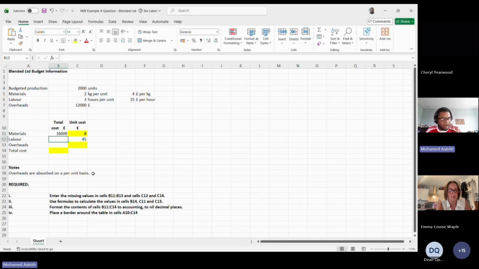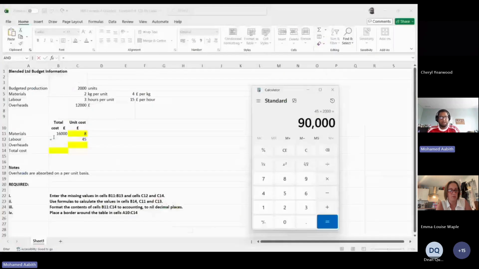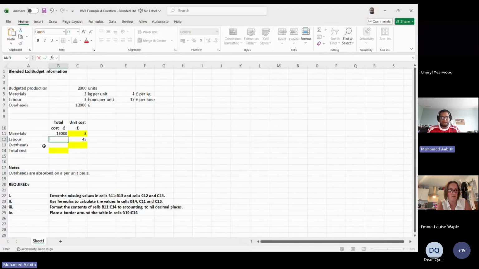I'm not doing a formula again, guys, because they ask you simply to enter the value. Only these boxes, I'm going to have a formula, not anywhere else. So let's say here, the labor is going to cost you 45 times 2,000 units, which is 90,000, and my total overhead is going to be 12,000.